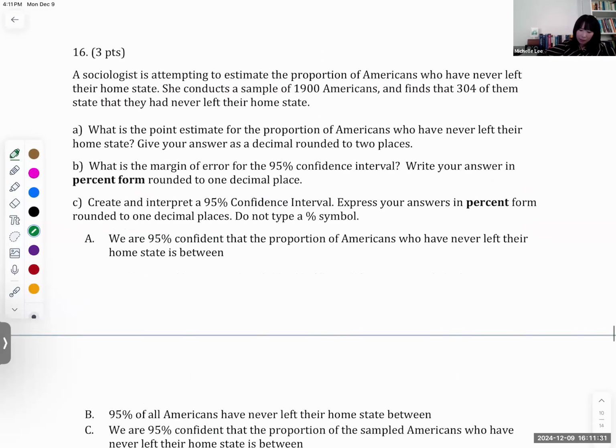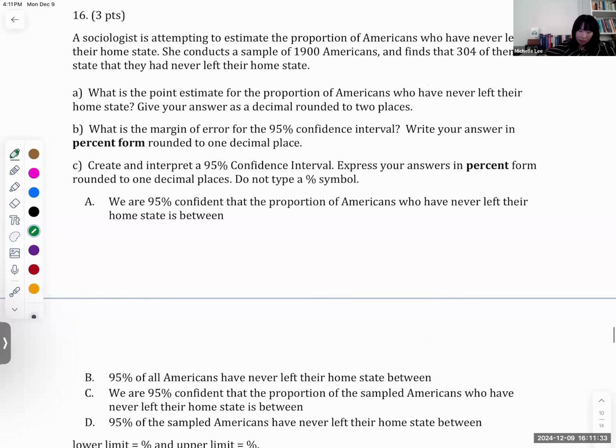Okay, number 16. Please read. All right, so point estimate. What's the point estimate?